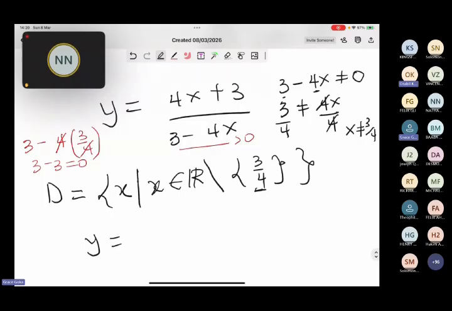Do we always work for the denominator? Yes, because the denominator is the troublesome one. It's only the denominator you work for. What if we need to work on the numerator?